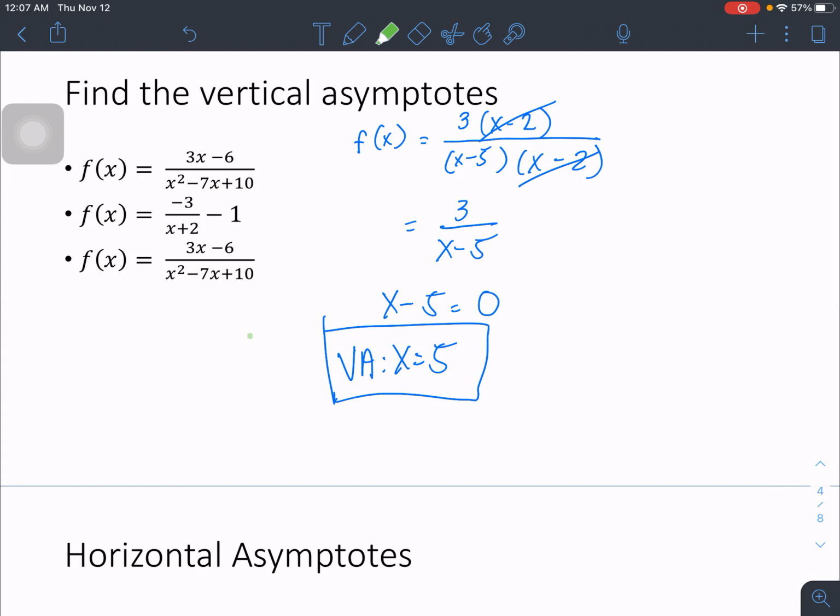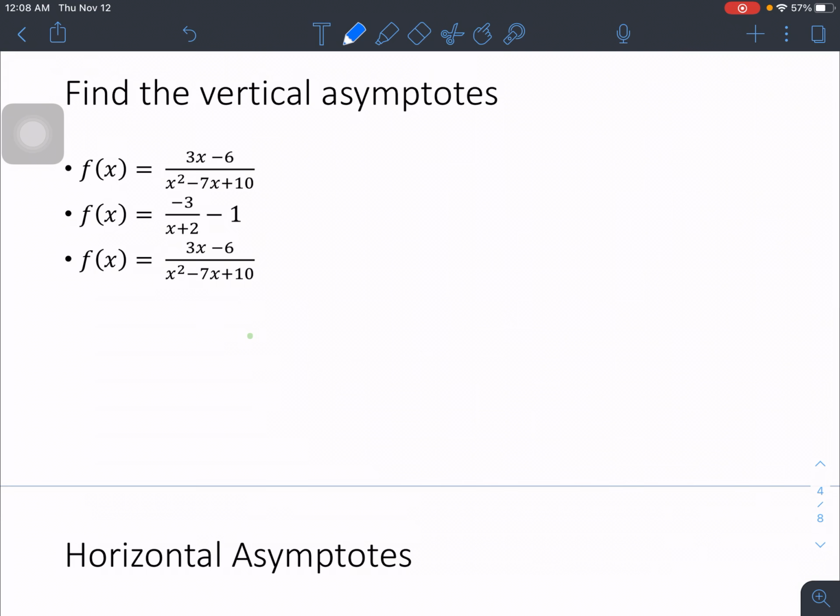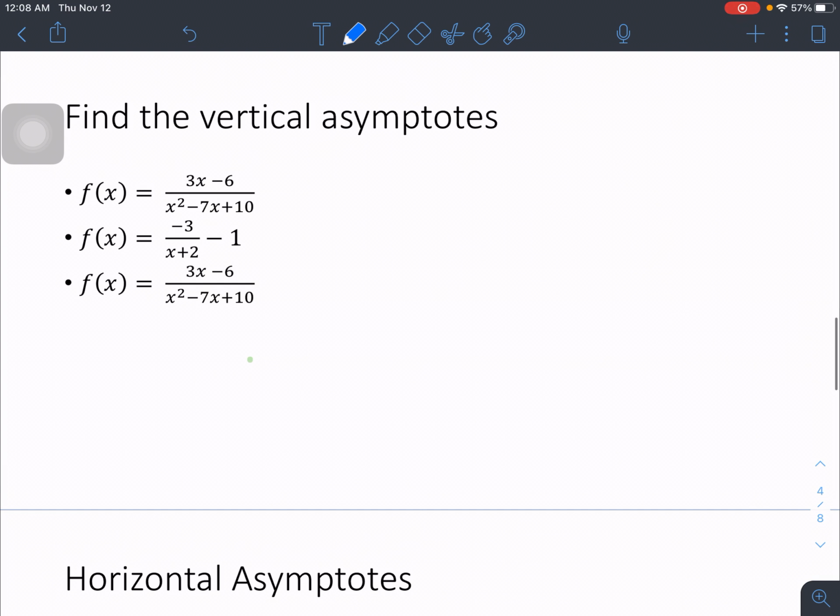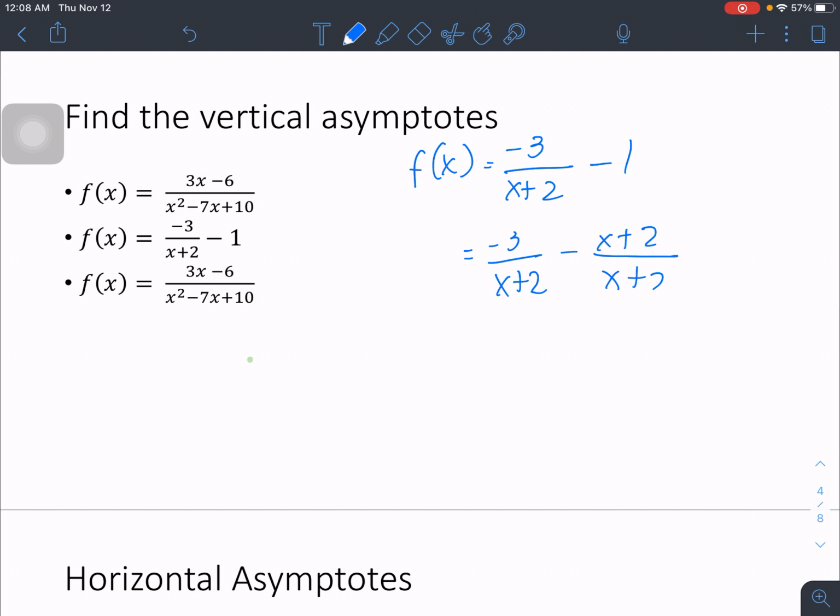Okay, let's have example number 2. So f of x is equal to negative 3 over x plus 2, minus 1. Simplify this one. This will be negative 3 minus x plus 2 over x plus 2.